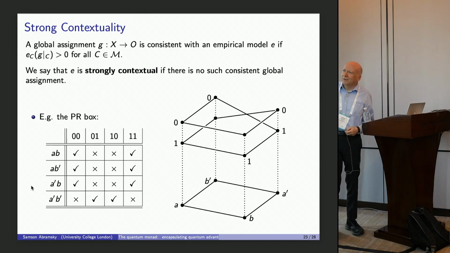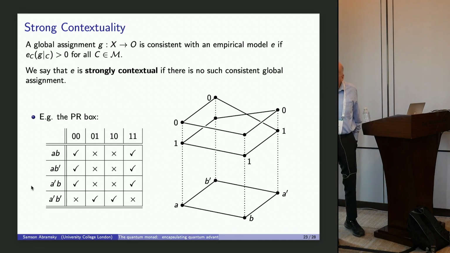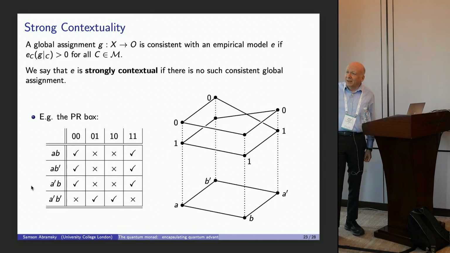So you may recognize this is the PR box, where we haven't bothered to write the probabilities in. They're anyway uniquely determined by the no-signaling condition. And here, just hinting at the sort of rich structure of these things, is a sort of bundled depiction of the PR box.